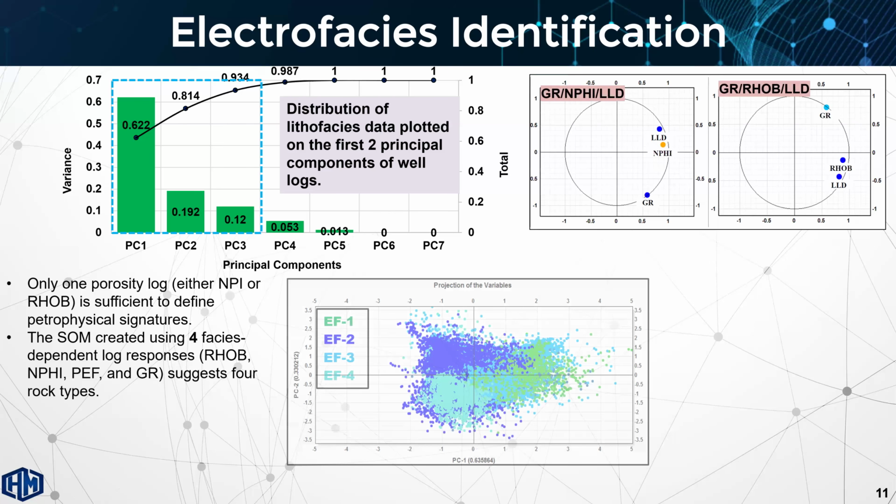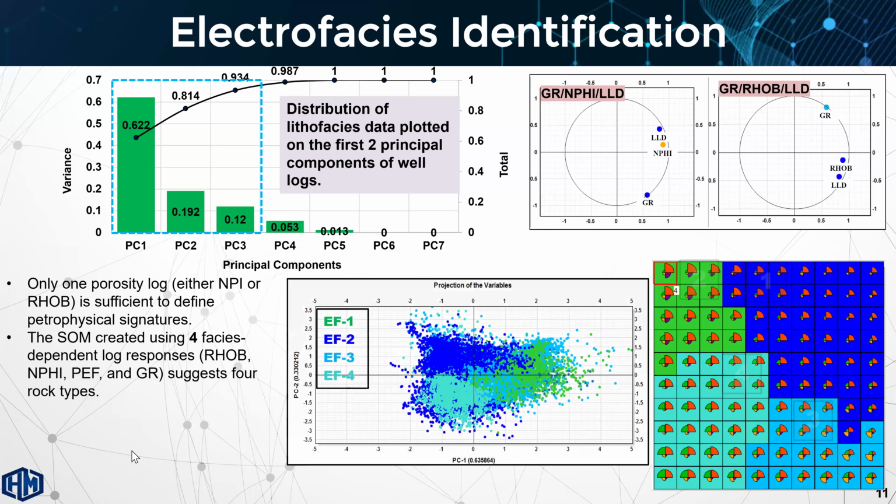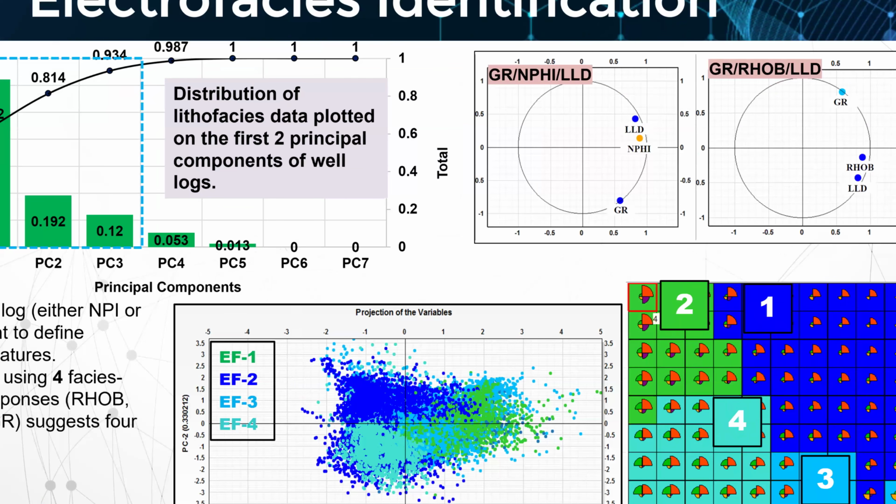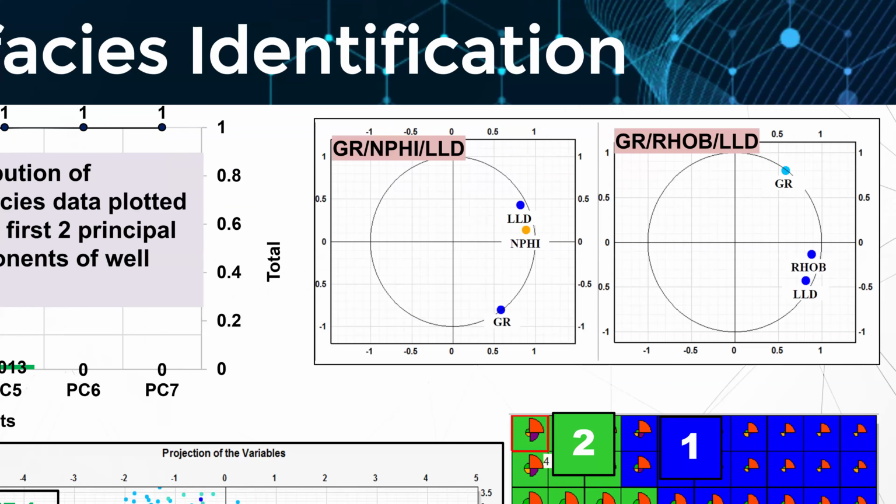Another technique like the self-organized maps can be used to identify the electrophases or the rock typing from wireline logs or the petrophysical parameters. As you can see, the message right here says using three dependent lithology logs like gamma ray, neutron log and density log, gamma ray is the basic required log.